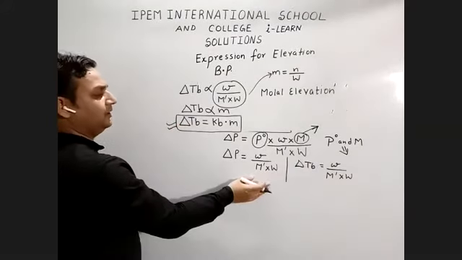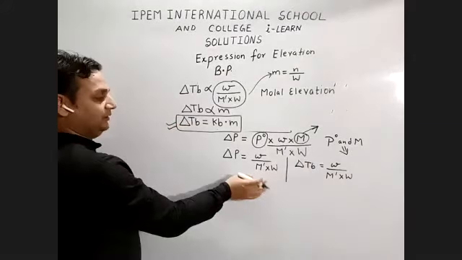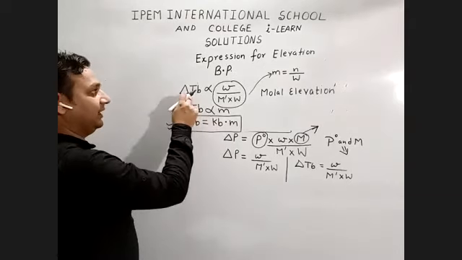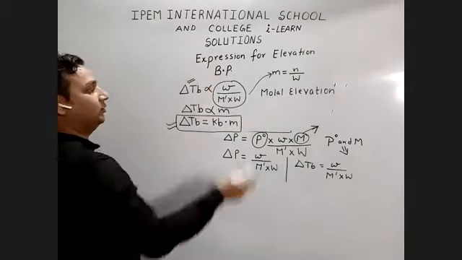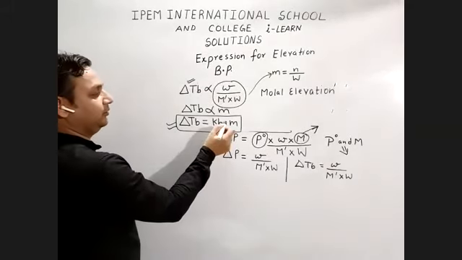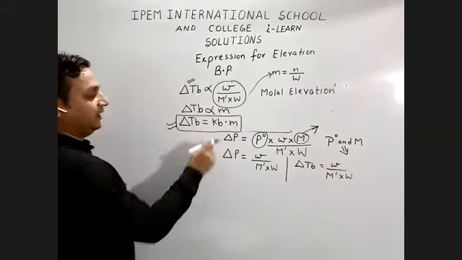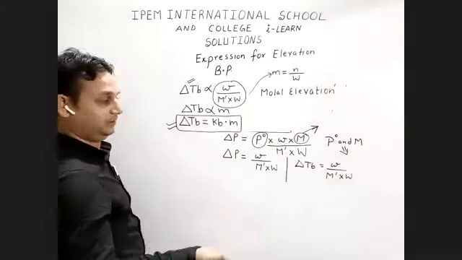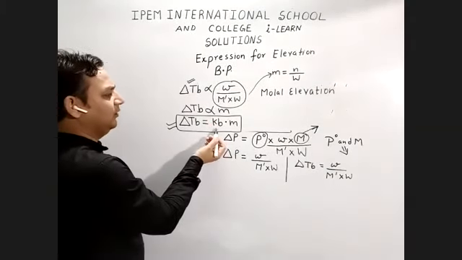You have solved so many questions with respect to this expression, but now you have to face this equation directly for solving the numericals. Delta TB is equal to Kb into molality, where Kb is the molar elevation or ebullioscopic constant. How do you define this?